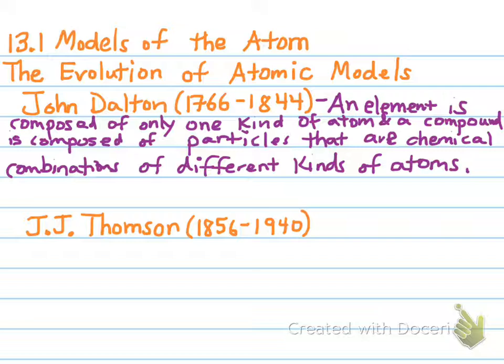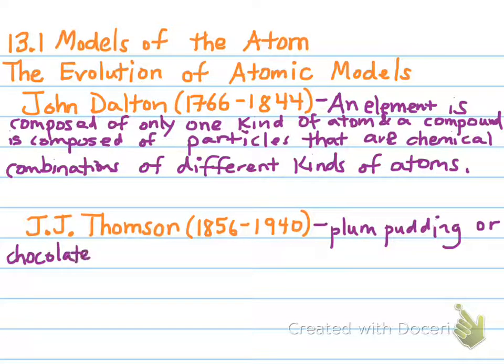We talked about J.J. Thomson. He was the person who had the plum pudding, we called it the chocolate chip cookie, model of the atom.